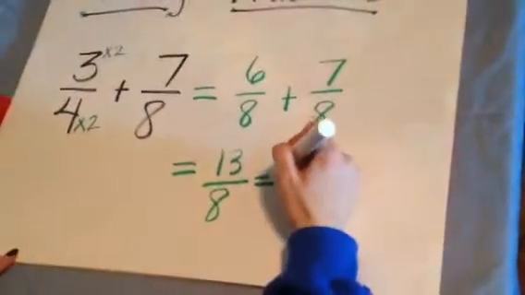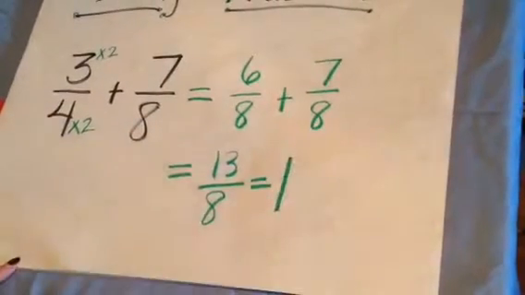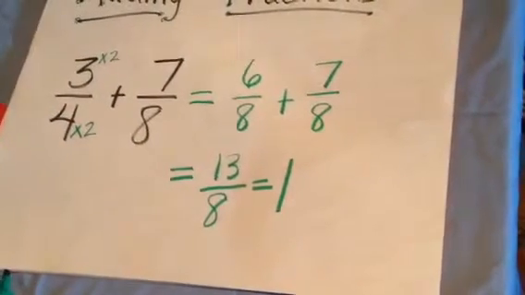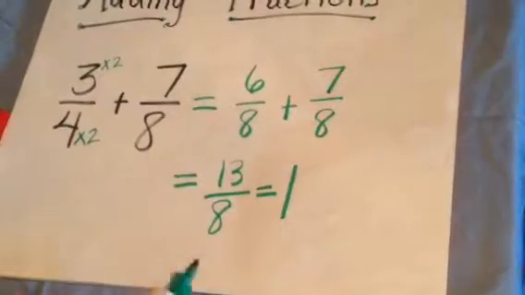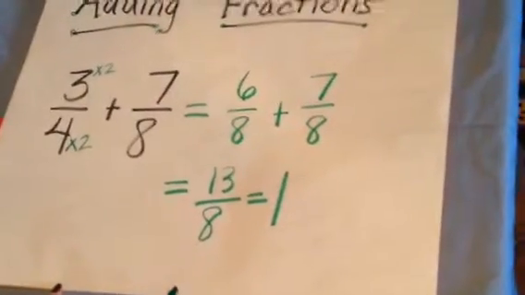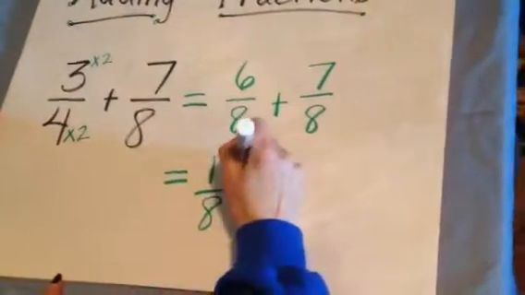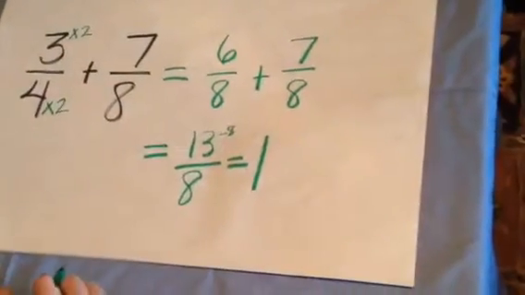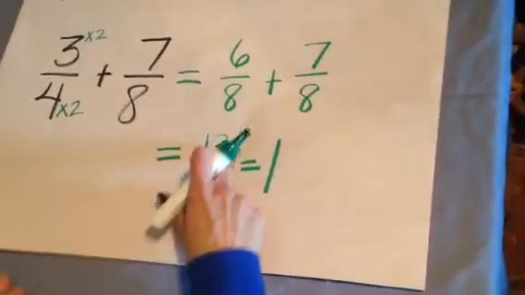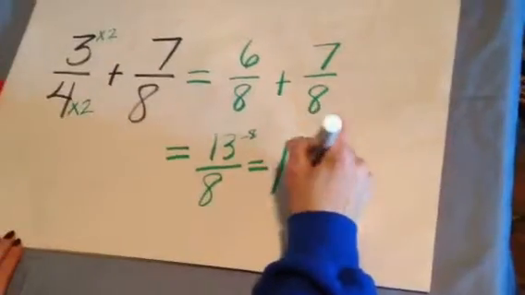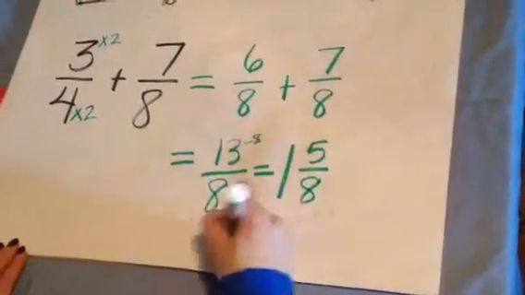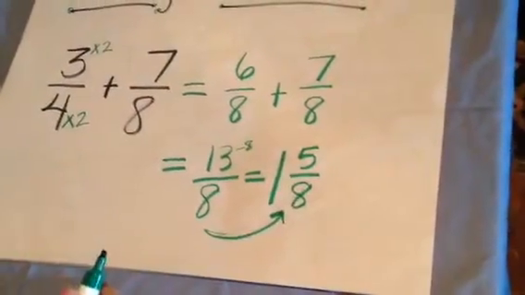I know that there are 1, so my mixed number is going to have the number 1 as the whole number. I now need to take 8/8 away from my 13/8, so I'm just going to put minus 8 up here as a reminder of what I'm doing. And now I have 13 minus 8 is 5 for my numerator. My denominator stays the same.